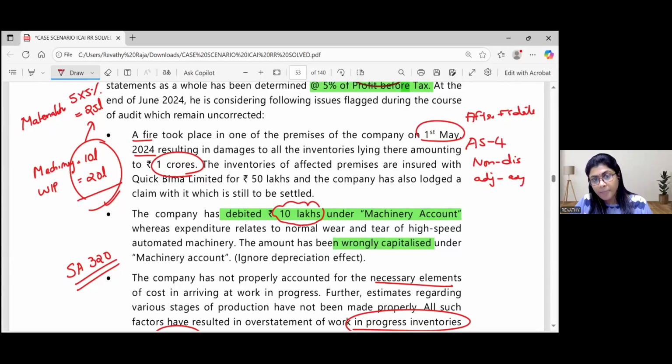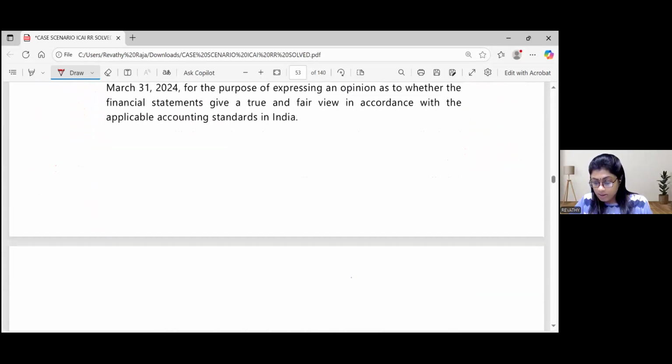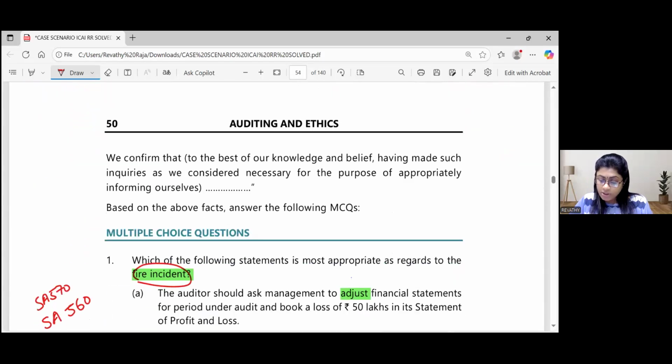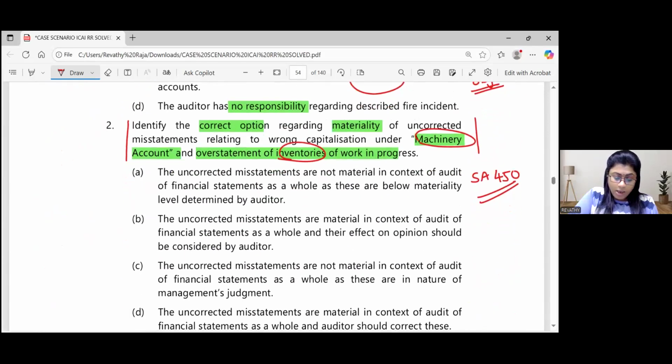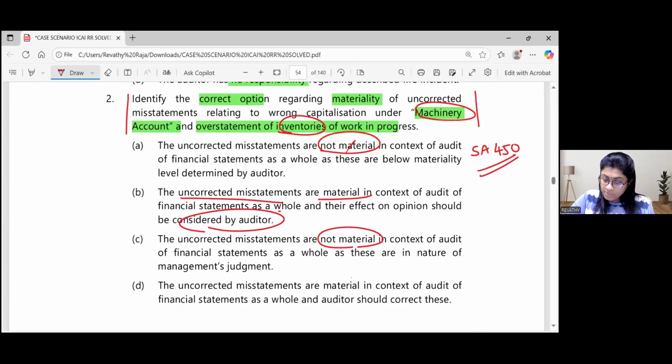Are we clear? So can you say? Uncorrected misstatement not material, below materiality. Uncorrected misstatements are material when, as a whole, it should be considered by the auditor. Uncorrected misstatements are not material. See, it is material. Uncorrected misstatements are material in the audit as a whole, and the auditor should correct this.